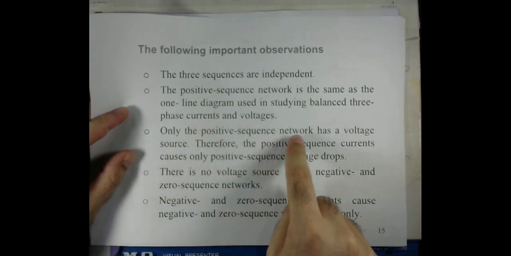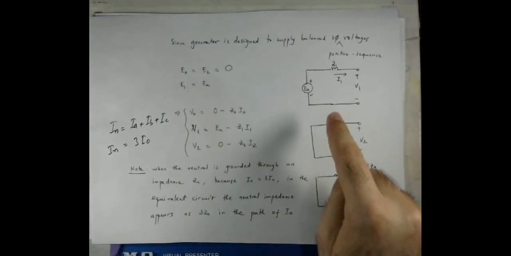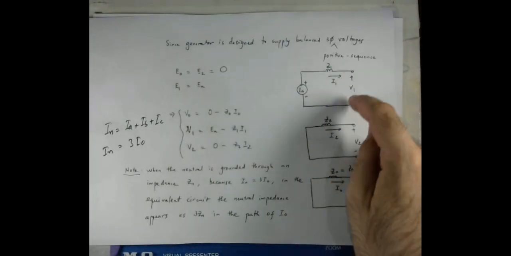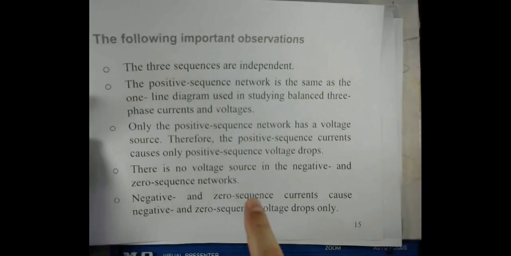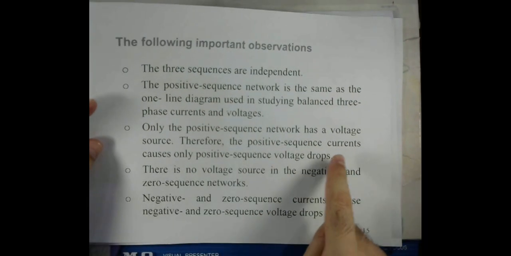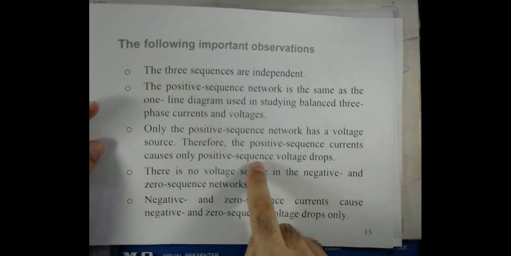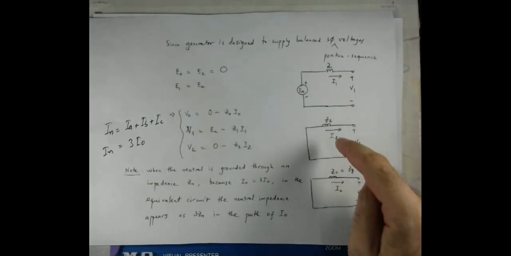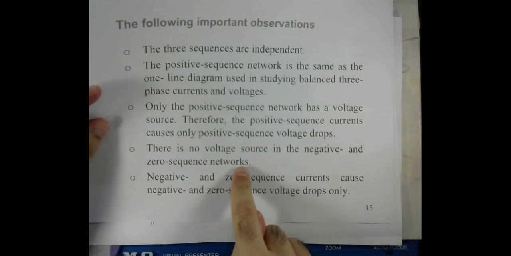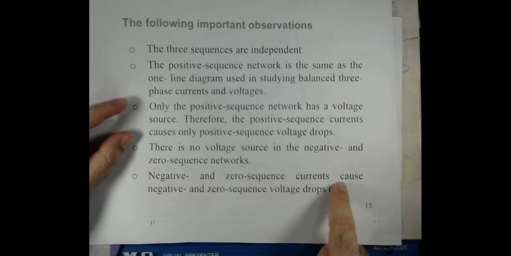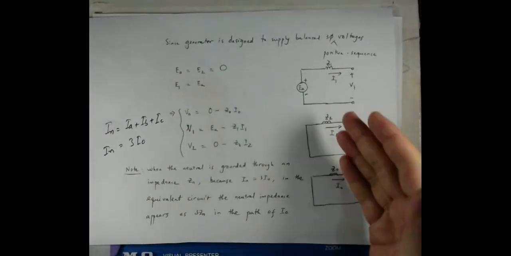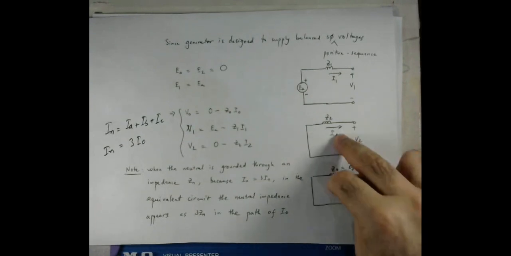Only the positive sequence network has a voltage source. That's what we have observed here, that only this network has a voltage source. Therefore, the positive sequence current causes only positive sequence voltage drop, which is quite obvious. There is no voltage source in the other two networks, which are the zero and negative sequence networks. Negative and zero sequence currents cause negative and zero sequence voltage drops.